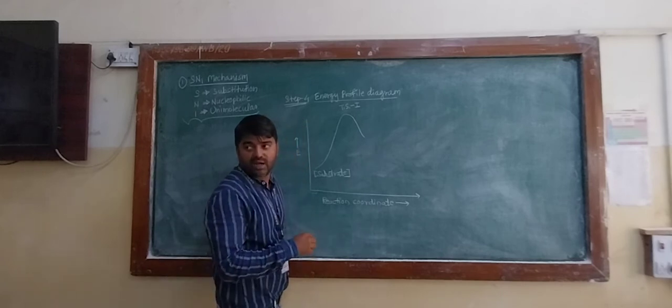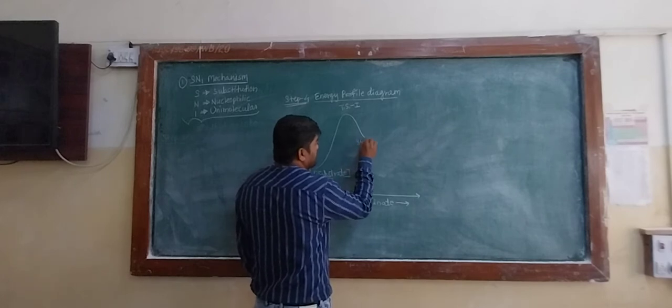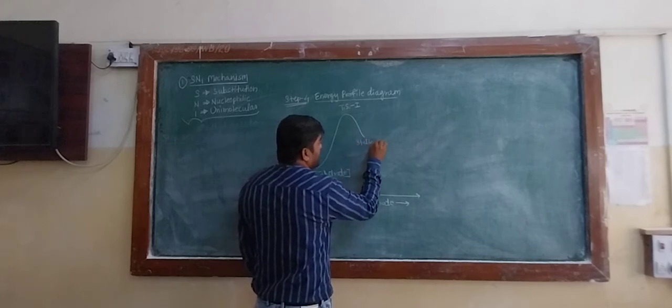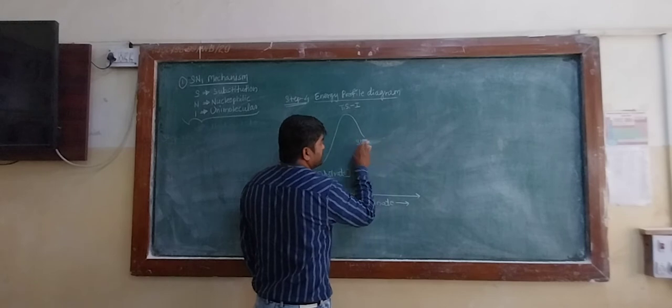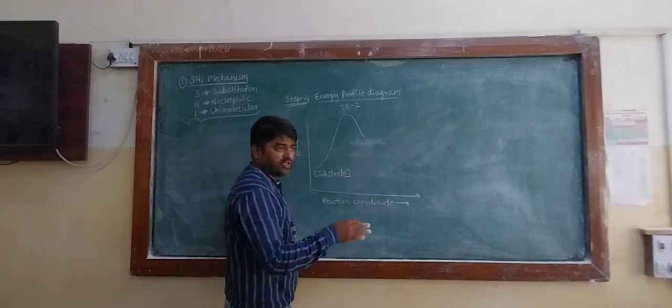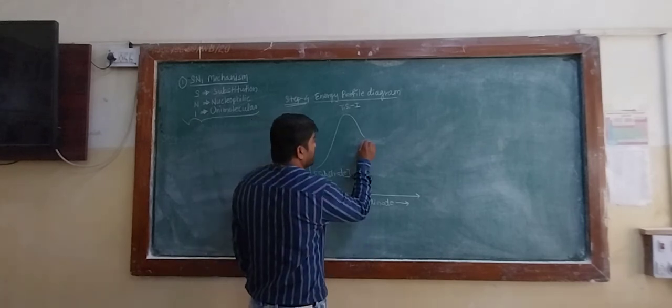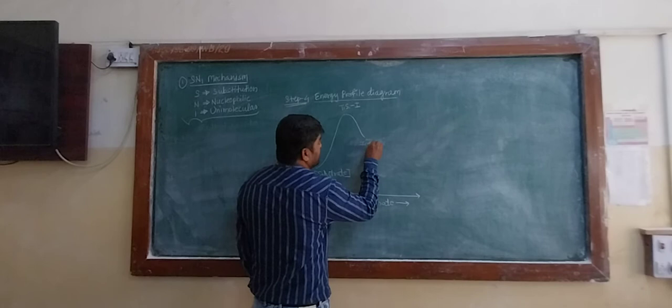You get the tertiary carbocation, which is stable. This stable carbocation intermediate is stabilized by the positive inductive effect or the hyperconjugation effect.